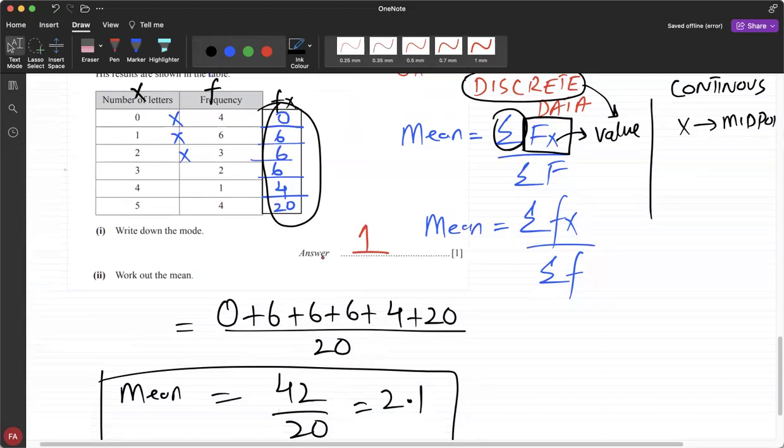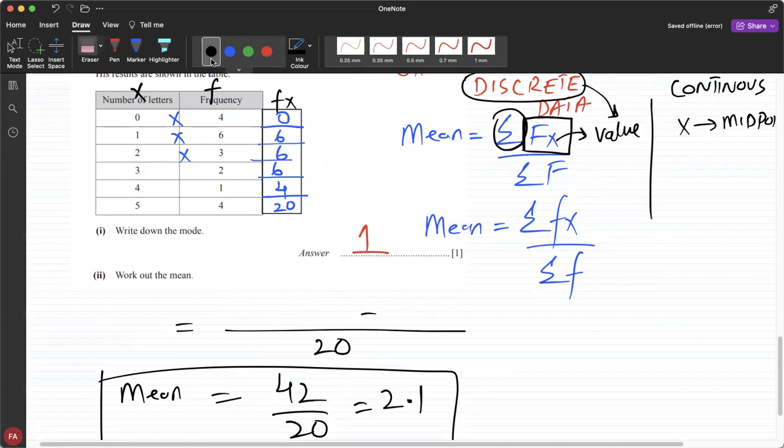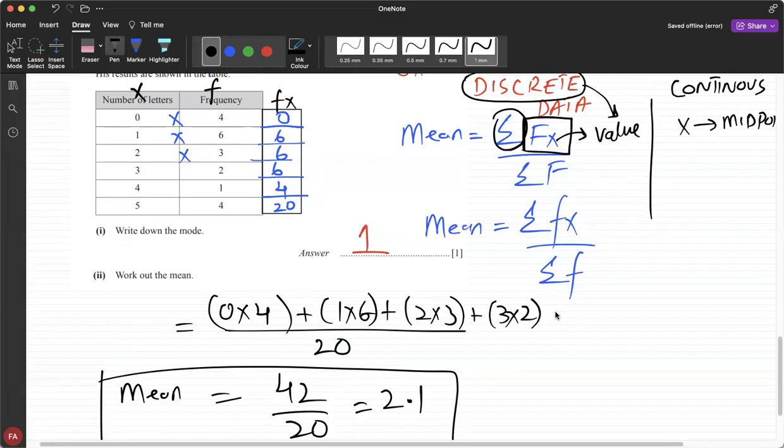But there's one more correction that I'd like to make. Just for the sake of explaining this, I said that you can make this column. I wouldn't recommend doing this in the actual CIE exam. So if I were you, I would rather write this down as a step. I'll start off with 0 times 4 plus 1 times 6 plus 2 times 3 plus 3 times 2 plus 4 times 1 and finally 5 times 4.